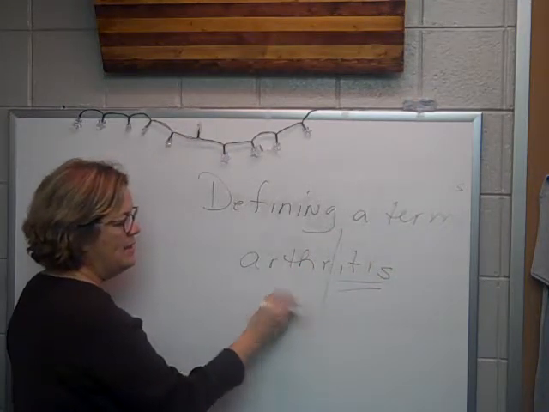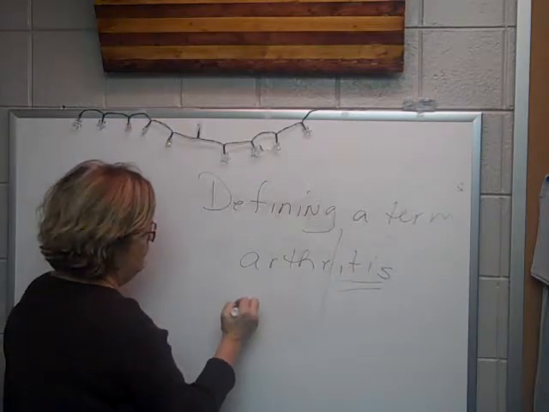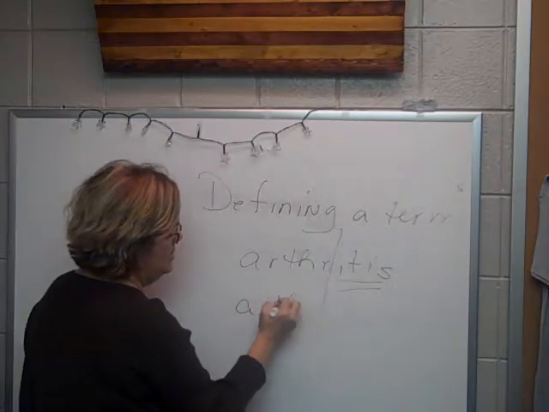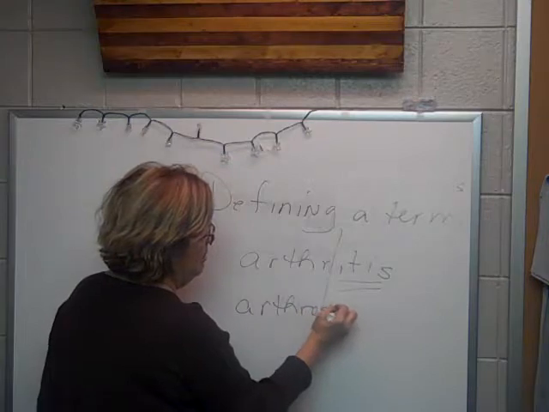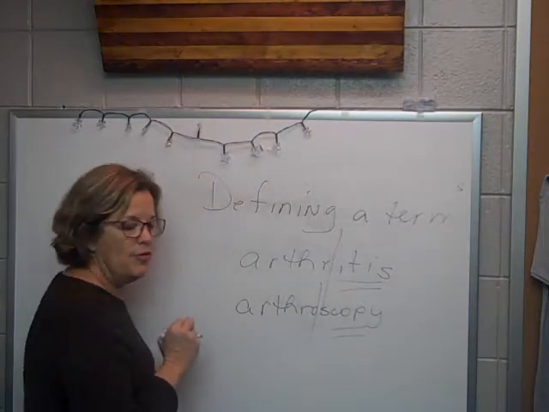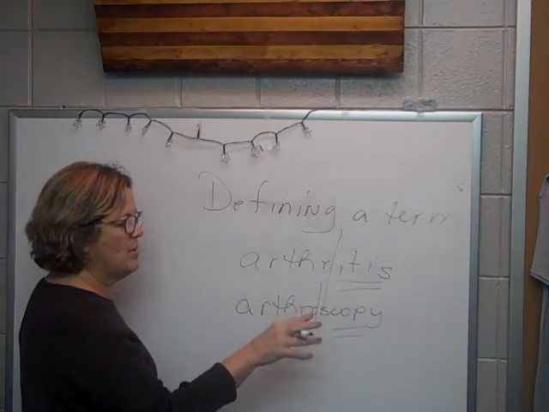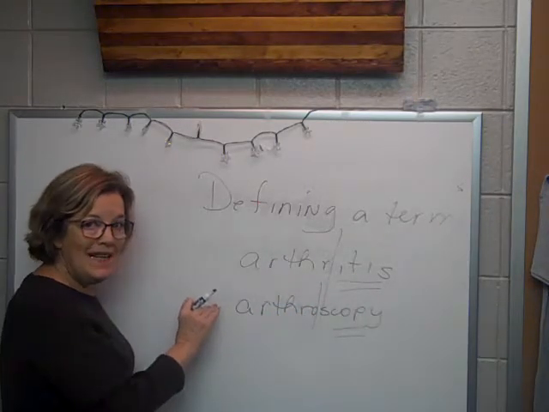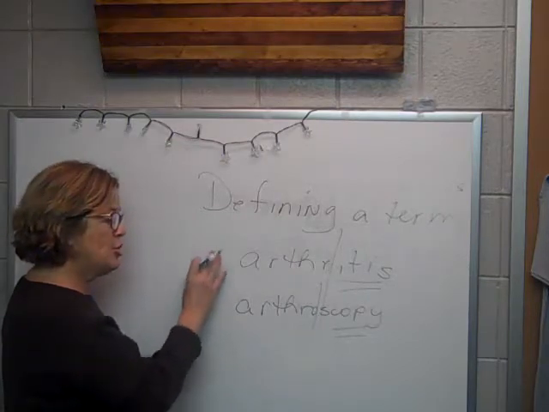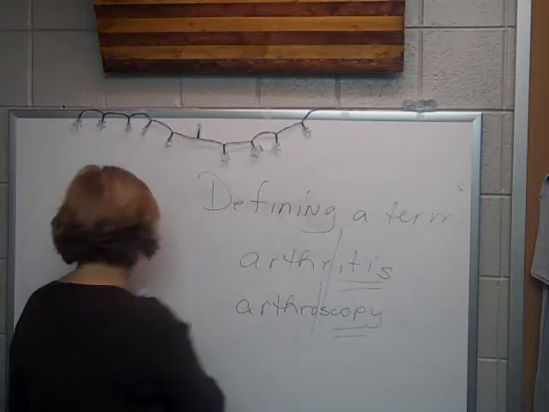We're going to define this as an inflammation of a joint. If we did arthroscopy, again, process of viewing, a visual exam of the joint. So definitions start with the suffix. Go back to the beginning. If there is a prefix, you would define the prefix next, then you would define the word root.